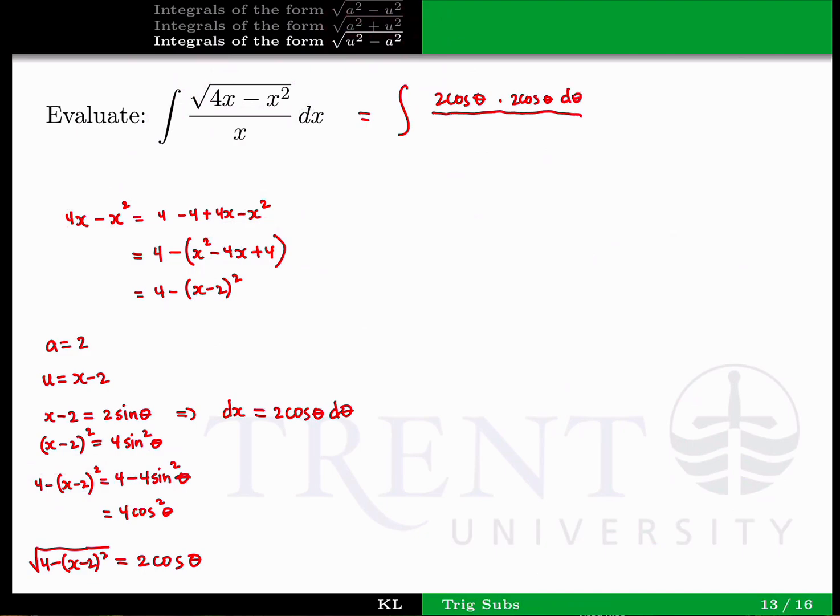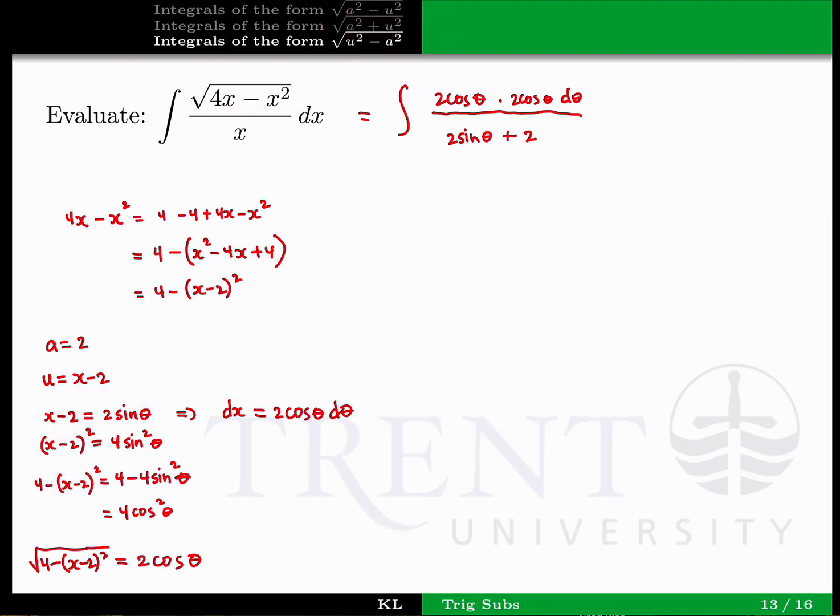On the denominator, we have x. We can solve for x from here. X will be 2 sine theta plus 2. Look at this one: if we put this to the other side, it becomes plus.